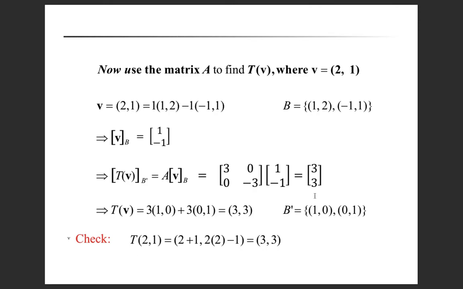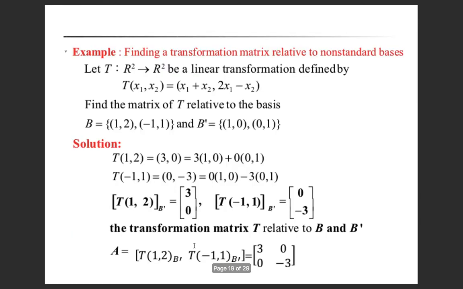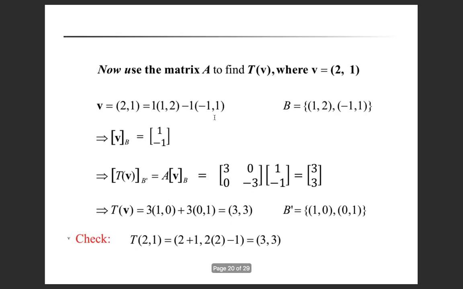So you may check T(2, 1): T of (x1, x2) is (x1 plus x2, 2x1 minus x2). So T(2, 1) is 2 plus 1, 2 into 2 minus 1. So this is 3 and this is 3. So T(2, 1) is (3, 3).